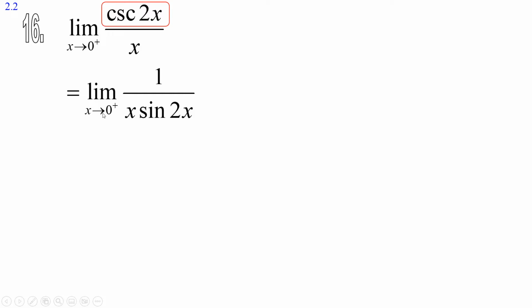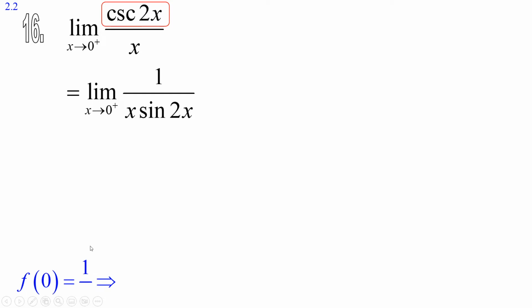Now, as we are approaching 0 from the right, I'm getting a 1 over, and then the sine of 0 is 0. So this is going to be a vertical asymptote. And the question is, are we going to approach positive or negative infinity? Well, 0 from the right, I'm leaning towards infinity, but let's find out.